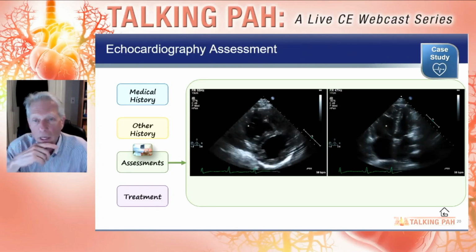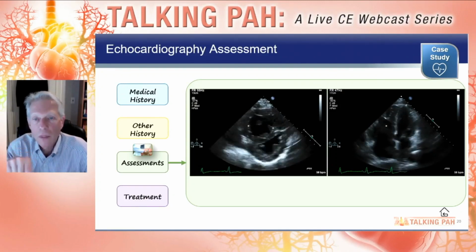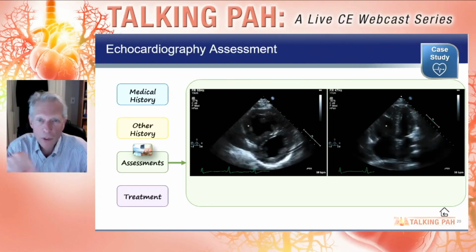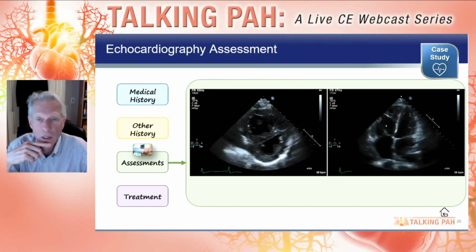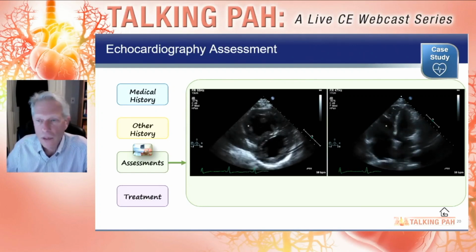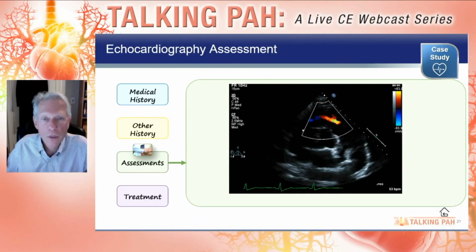On the panel on the right is a four-chamber view. Here, on the left side is the right ventricle and right atrium, and on the right side is the left. Importantly, what you can see here is that the right heart is bigger than the left, and that also is concerning for pulmonary hypertension. A few more images that we have.